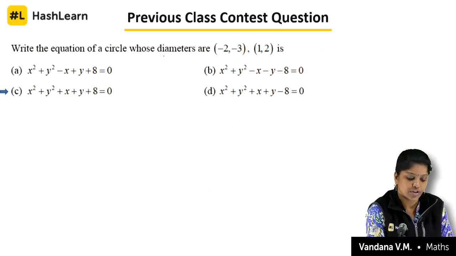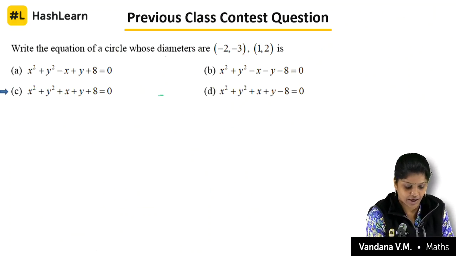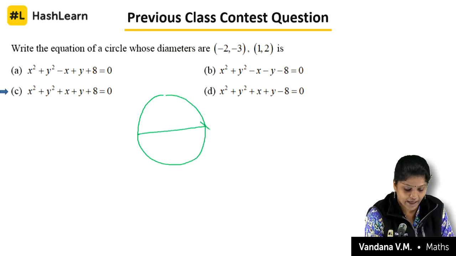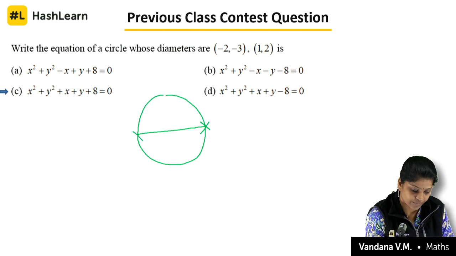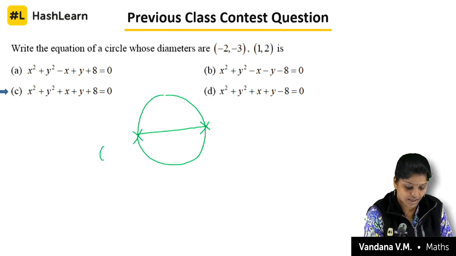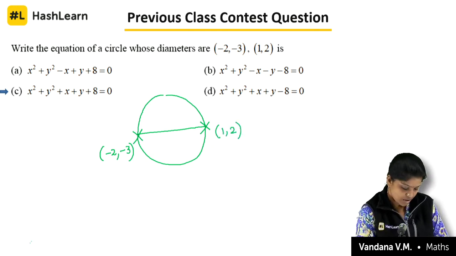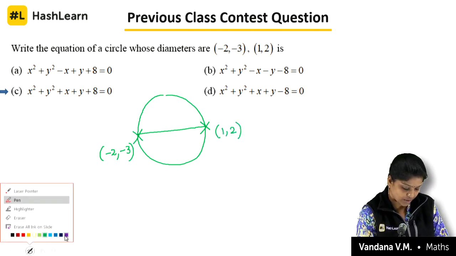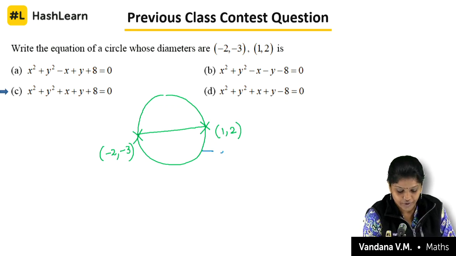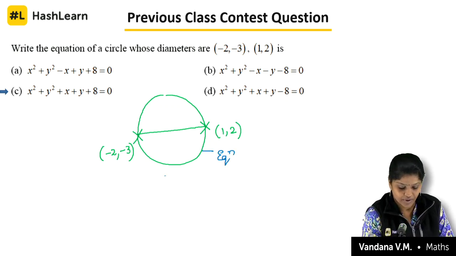The equation of a circle whose diameter, yesterday's contest question it is, I gave the end points of the diameter. One is minus 2 comma minus 3 and 1 comma 2. Now I would like to find out the equation. What is the equation?